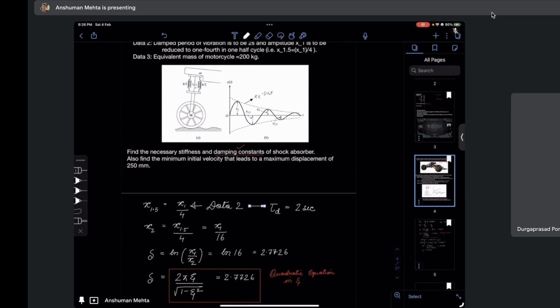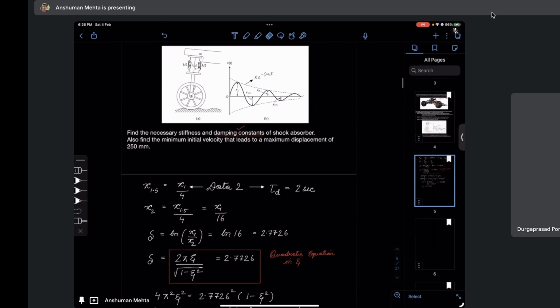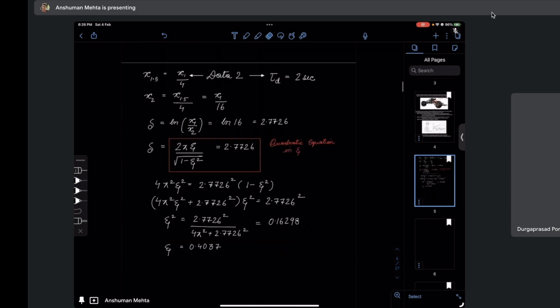So data 2 has two pieces of information. First, x1 is to be reduced to 1/4 in the 1/2 cycle, and another is damped period is 2 seconds.